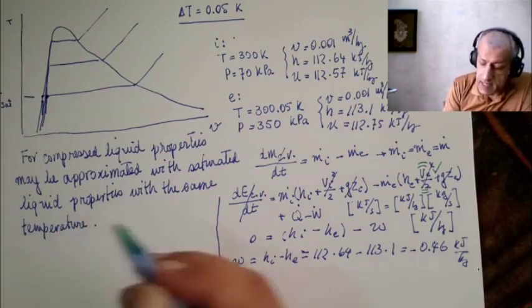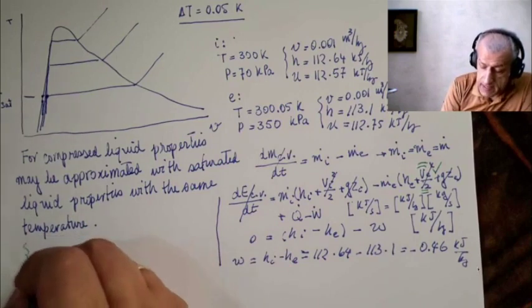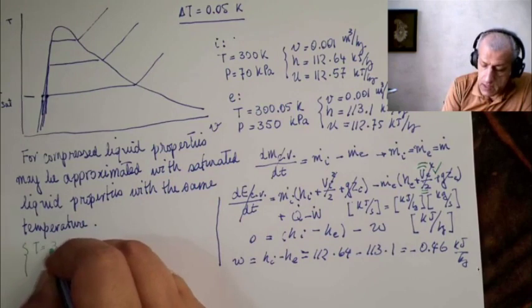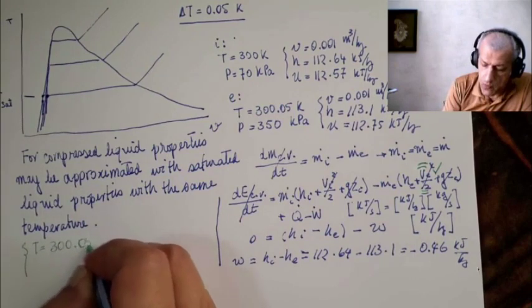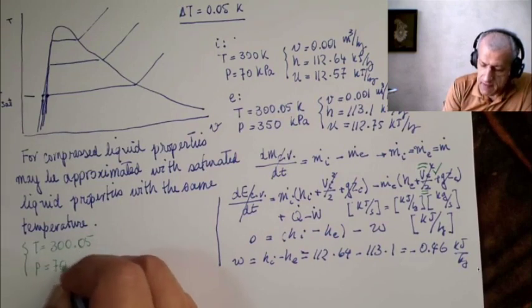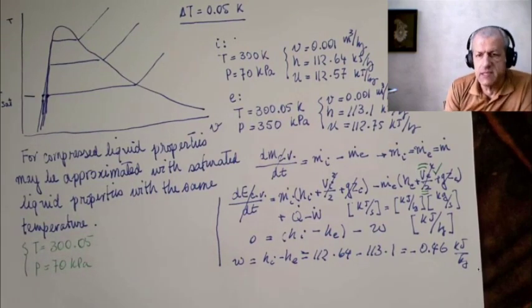So for the second case, T would equal 300.05 kelvins, but P would still be 70 kilopascals.